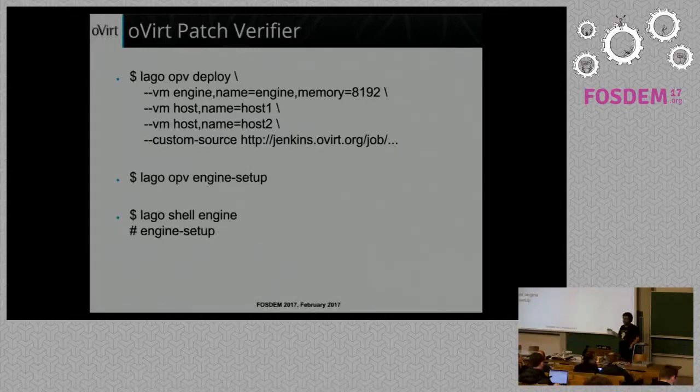Or if the automated setup is not good for you, for example if you add a new option to the install script, you can still log into the shell and run engine setup manually using whatever options you need, and do any other manual testing you want to.